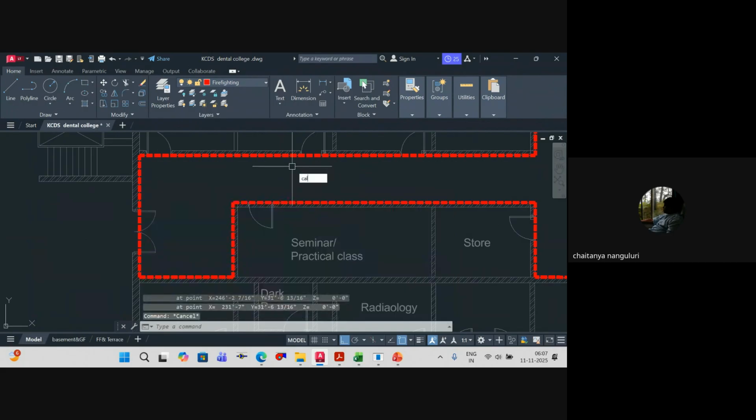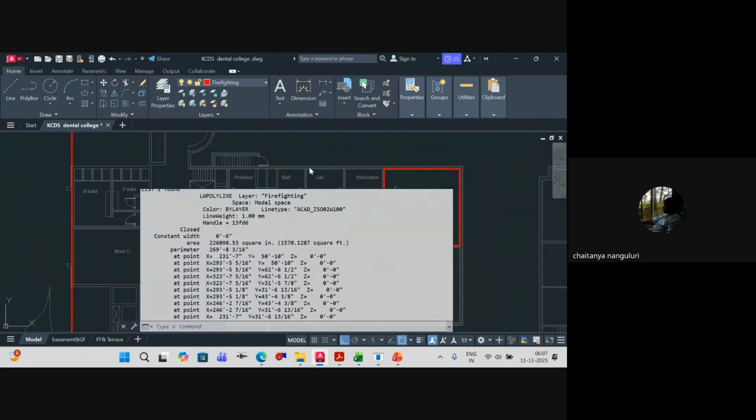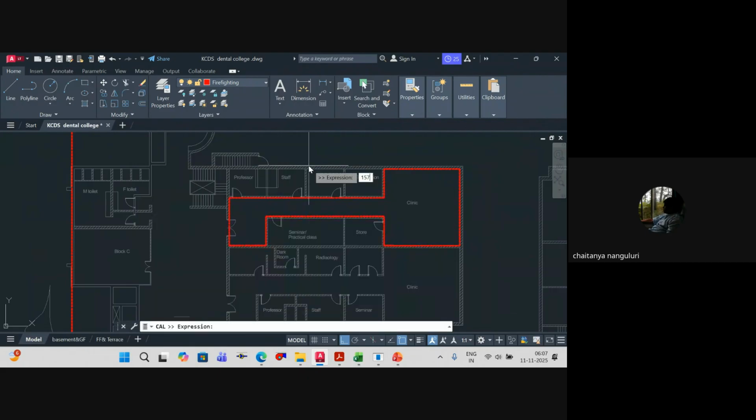So calculate 1570 divided by 10.76. That's around 145 square meters. Yeah, obviously it will be 145.9, around 146 square meters.